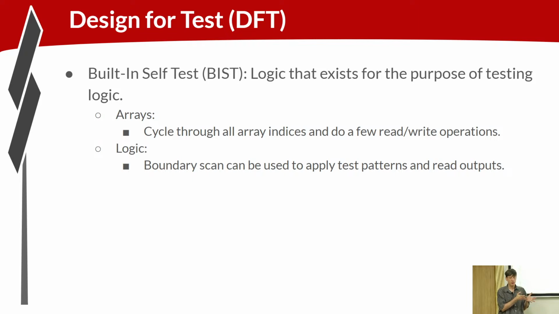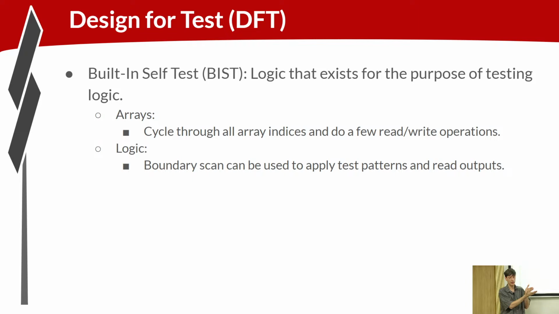So BIST, the nature of BIST, well, I guess it's not just arrays, but first arrays. For example, cycle through all the array indices, try writing various patterns: all ones, all zeros, 1 0 1 0 1 0, 0 1 0 1 0 1. Make sure you can write it, make sure you can read it.